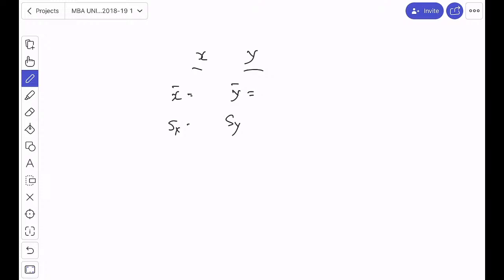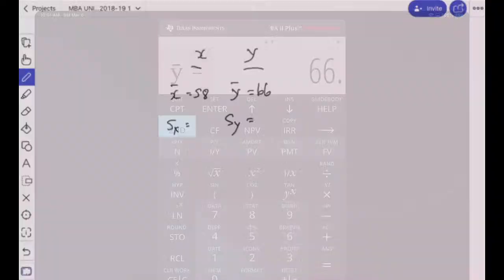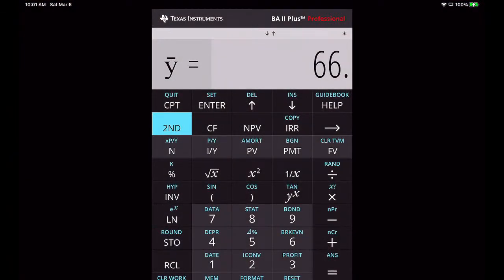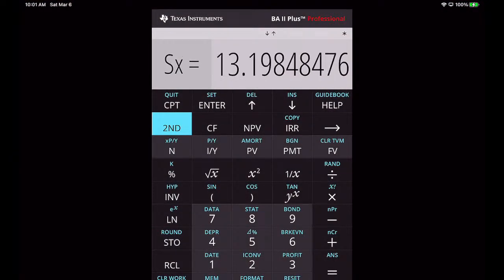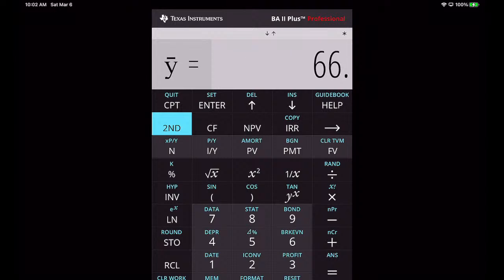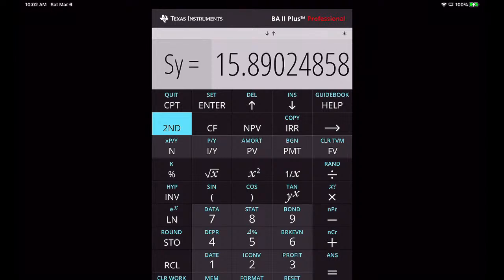Let's do this with no decimals. So this one was 58 and this one was 66. SX would be 13 and SY would be 16.